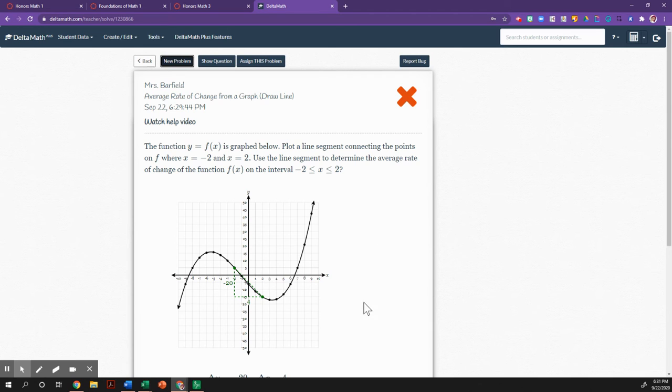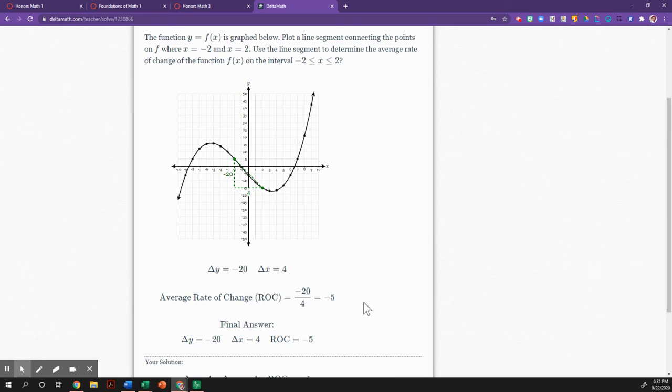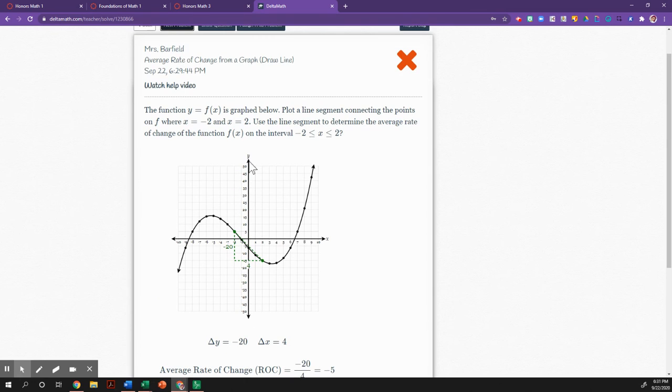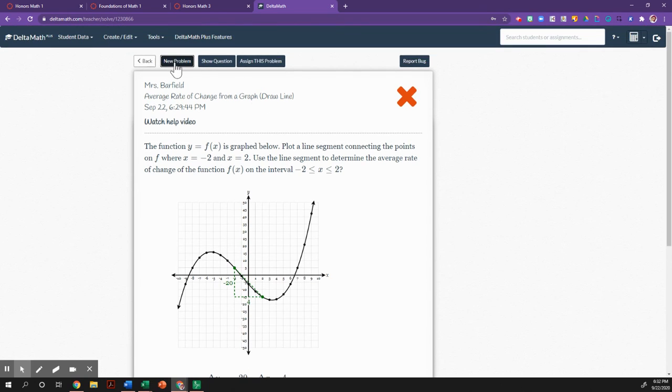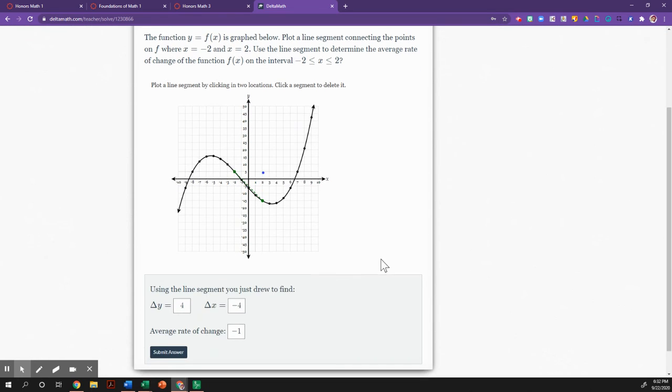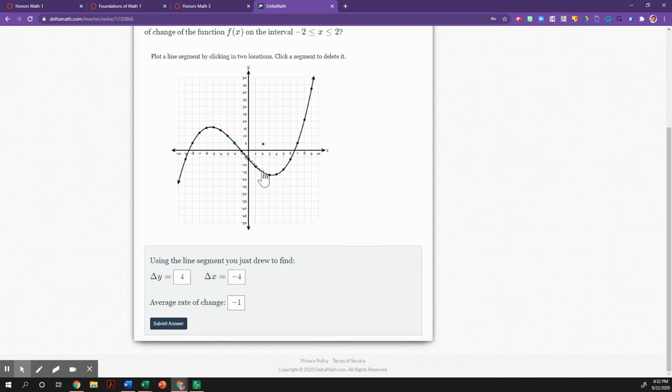Oh, look at that. All right, you guys, I made a mistake. I did not pay attention to the fact that my y values have interval markings. So let's go back. Show question. When I went up 4, I actually went from -10 to 5.